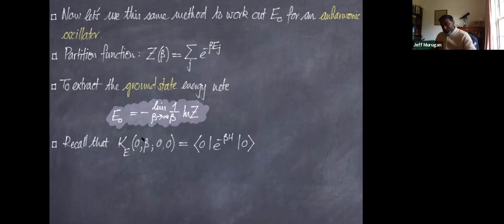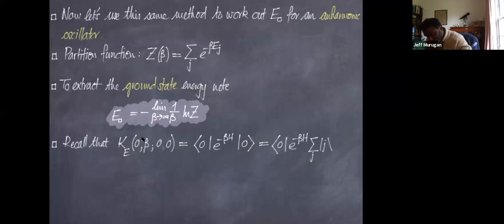Well, now if I insert a resolution of the identity in the states j, which are eigenstates of the Hamiltonian, then I get e to the minus beta H, sum over j of j outer product j, on 0.